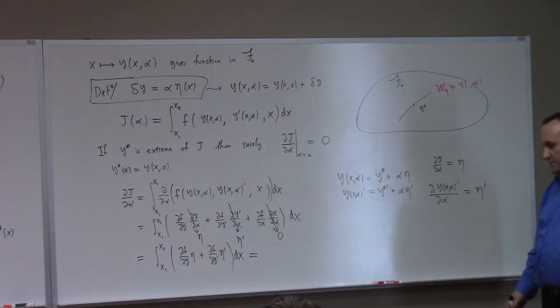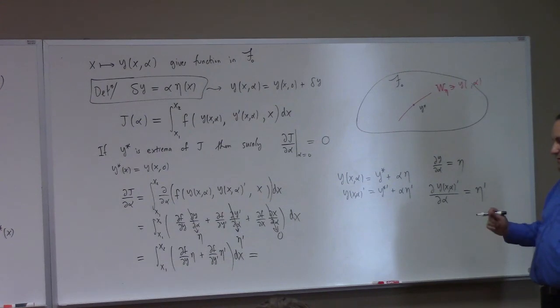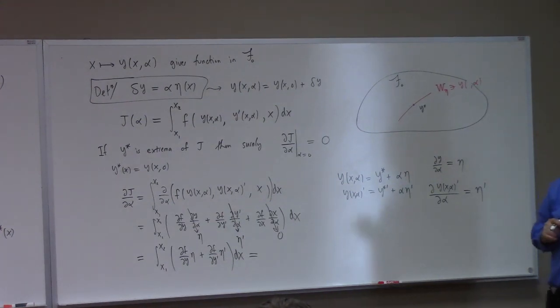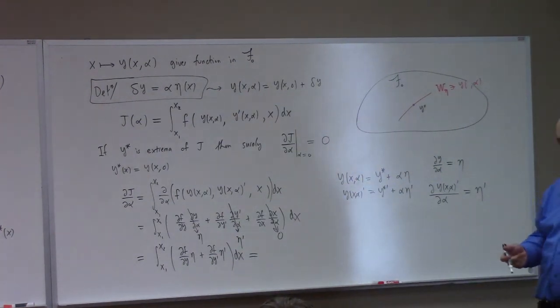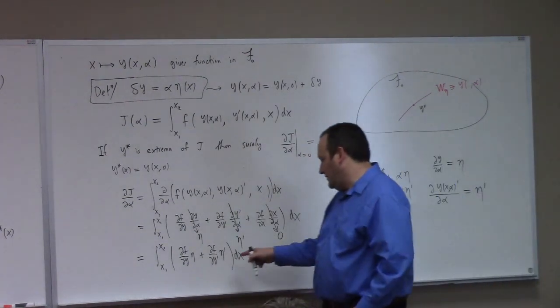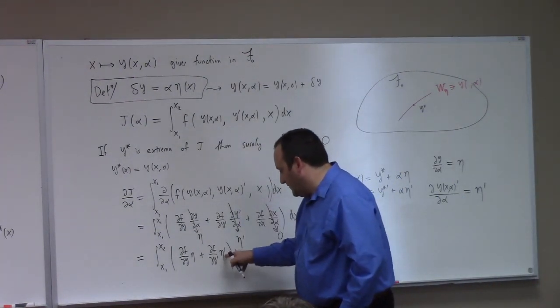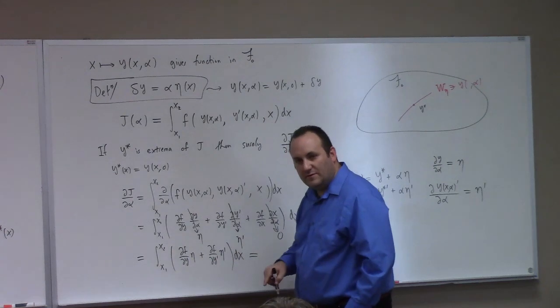Now, how do you convert an eta prime to an eta under an integral like this? How can I move this derivative from this symbol over to that symbol? What technique does that?